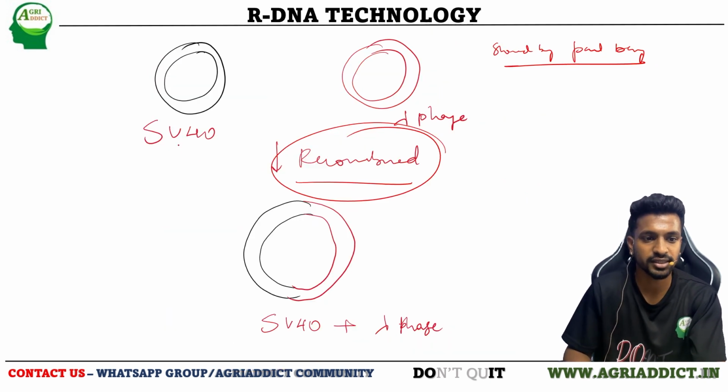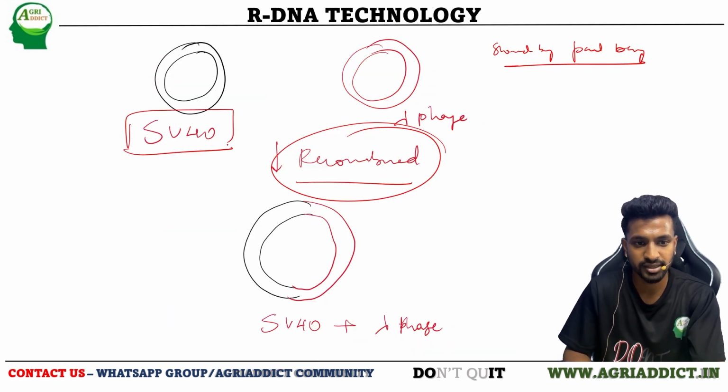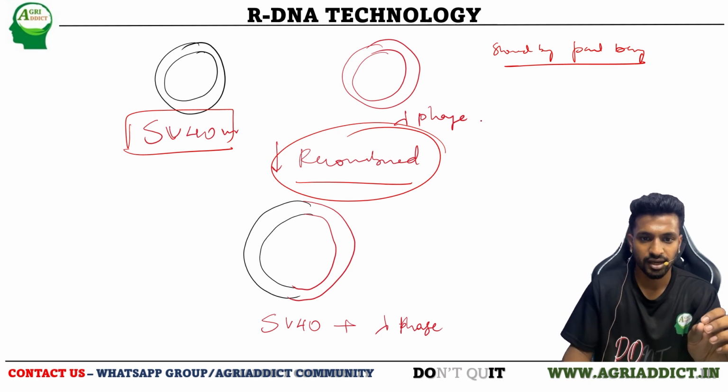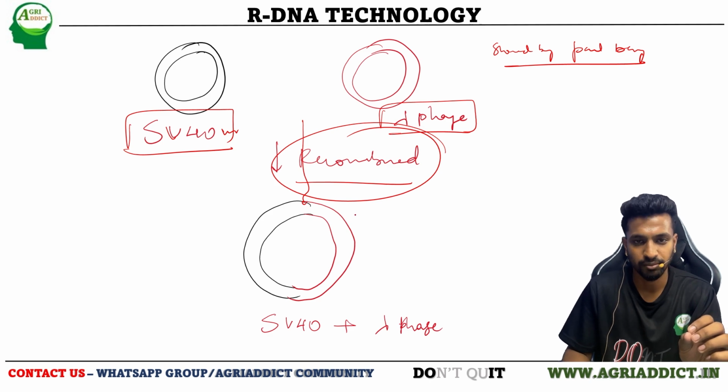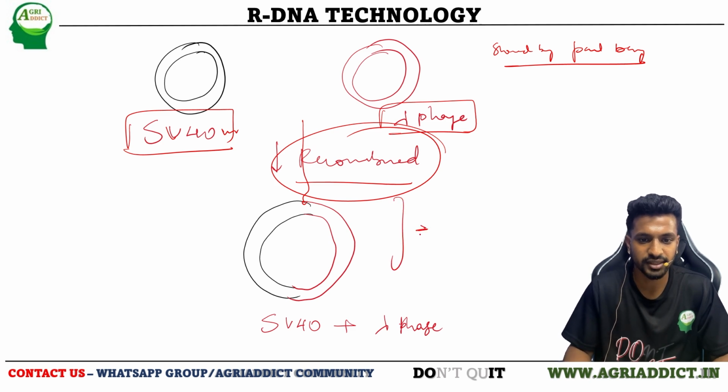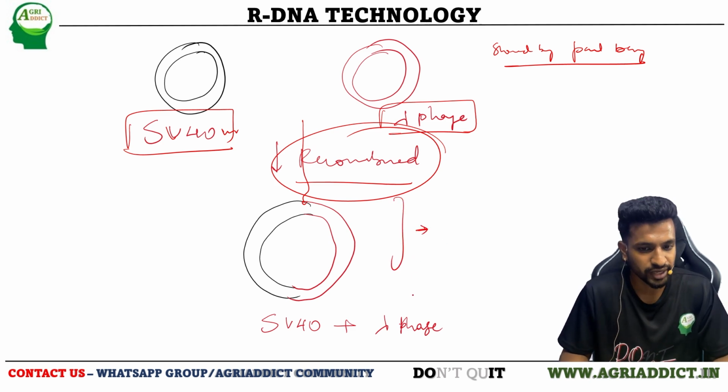What he did was mix the DNA sequence from the SV40 virus and the lambda phage, and he was able to recombine these two viruses. So the ultimate recombinant had the DNA sequences from both SV40 virus and the lambda phage.